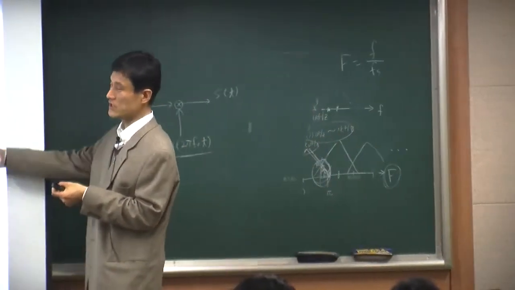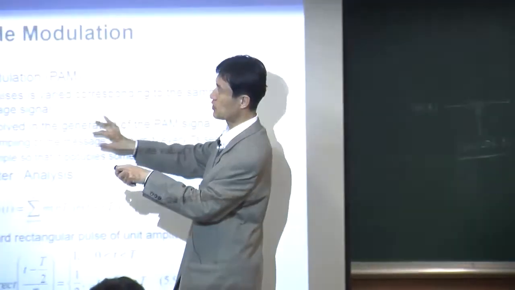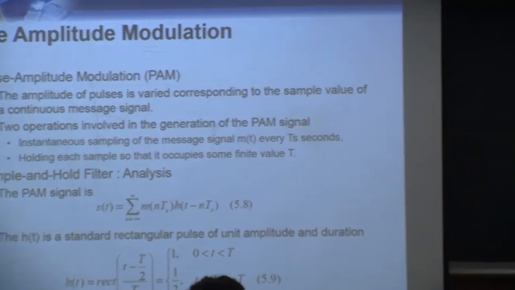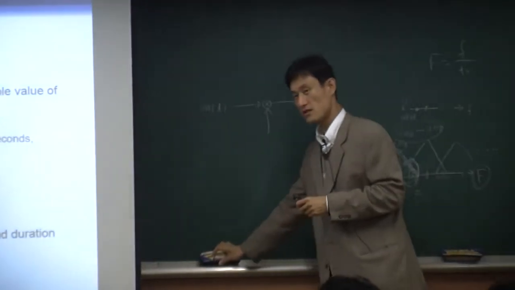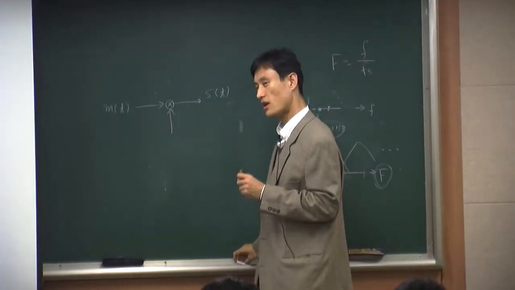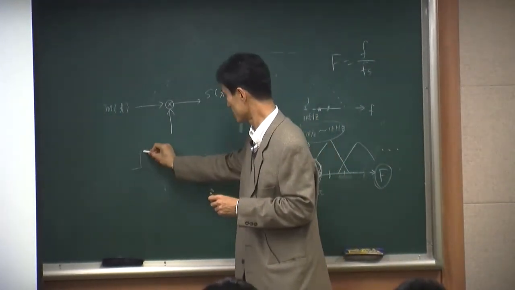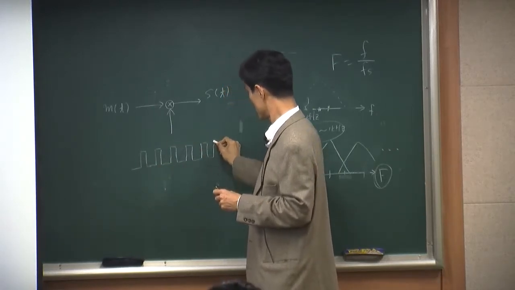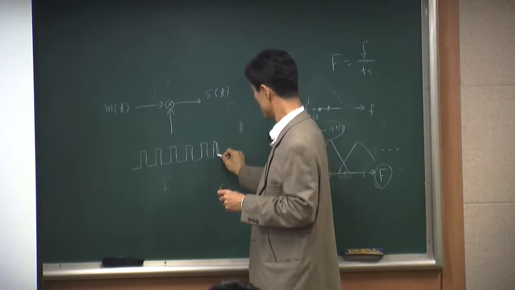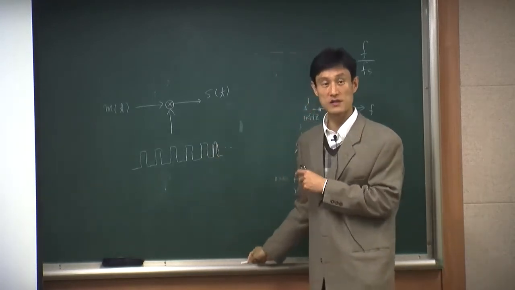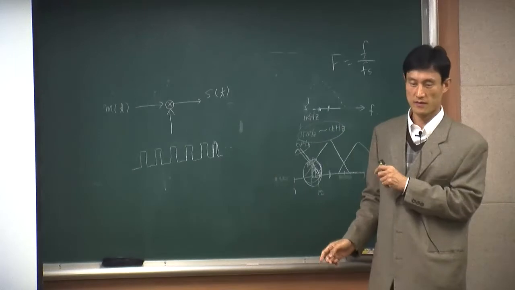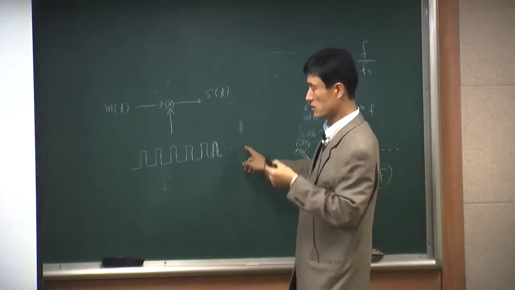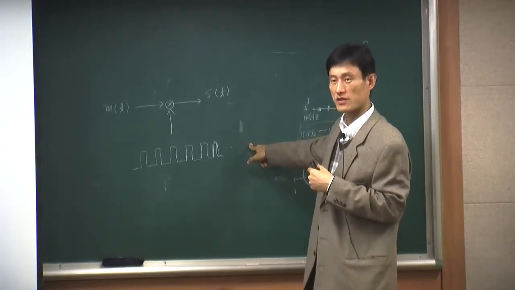Now, in digital modulation, especially in pulse modulation, the carrier we use is not this one. Instead, we're going to use a pulse carrier, like this. We call that a pulse train, because the pulse keeps repeating. We're going to use this pulse train as our carrier.